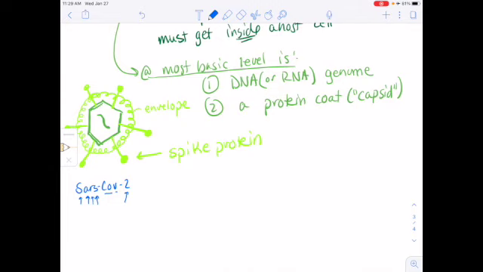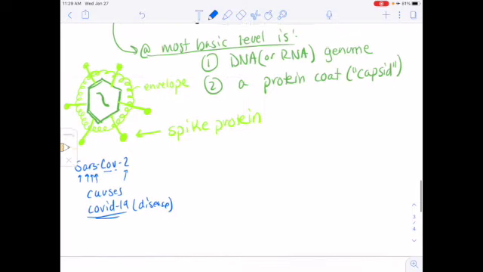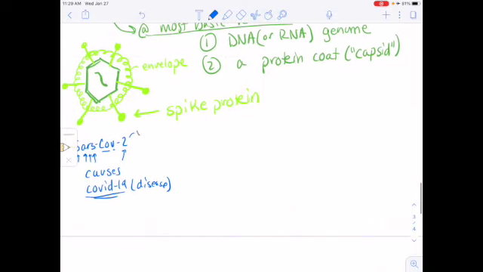SARS is SARS-CoV-1. This coronavirus is SARS-CoV-2, which causes COVID-19. So COVID-19 is the disease, right? But SARS-CoV-2 is the virus. So just to clean that up a little bit.